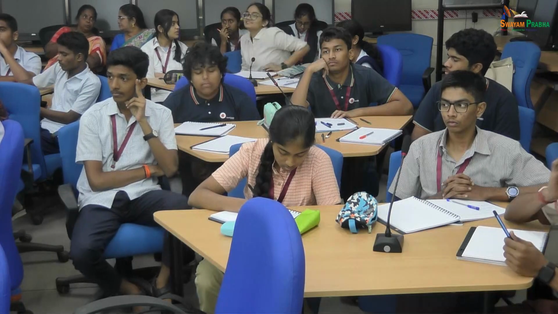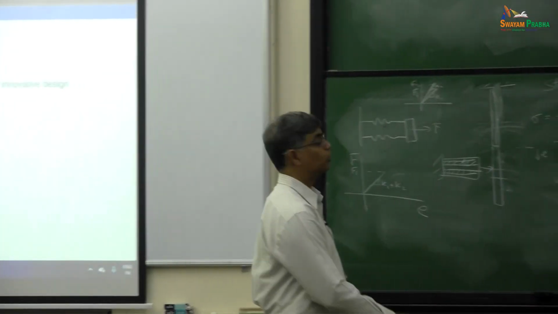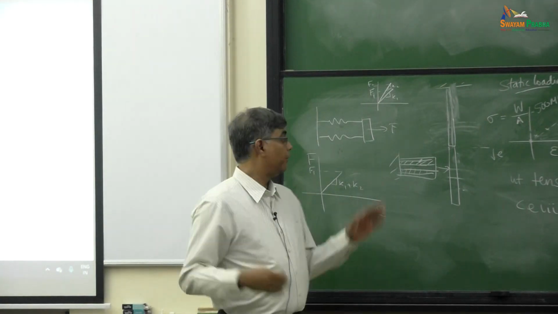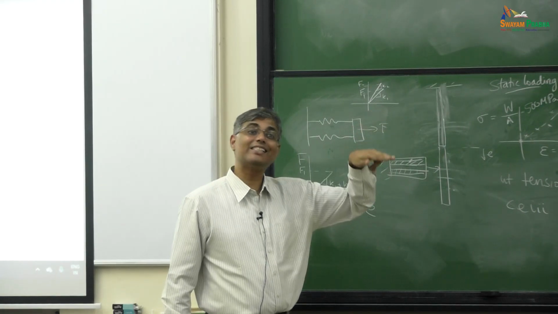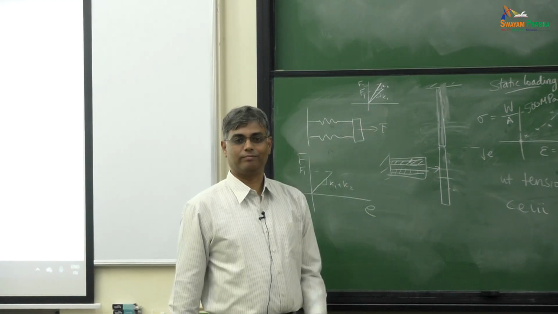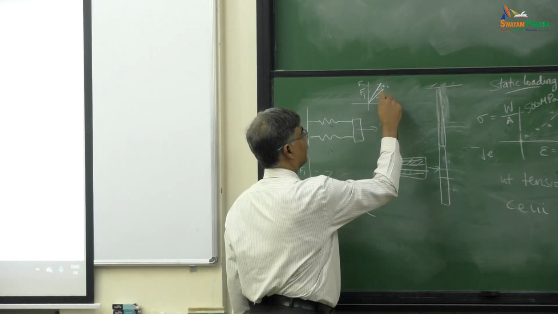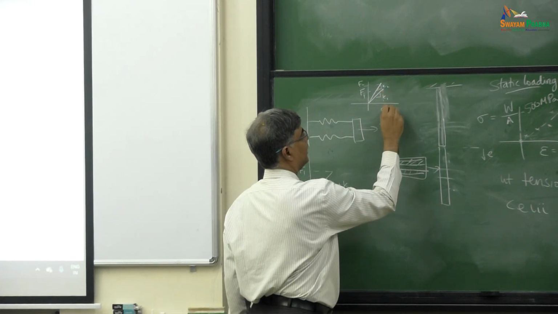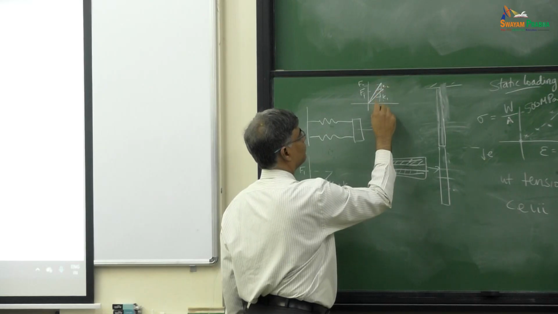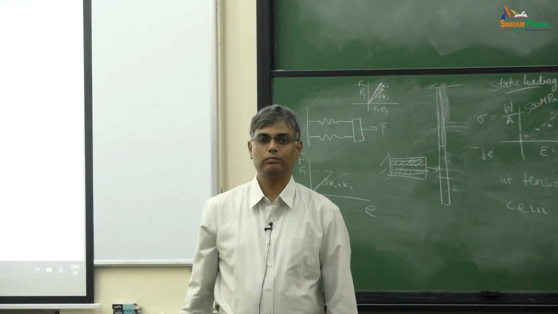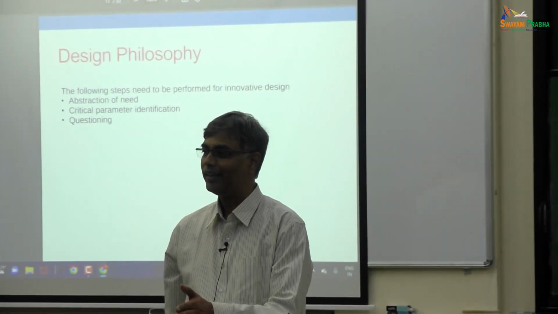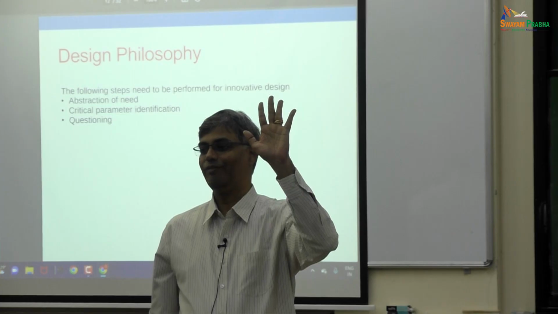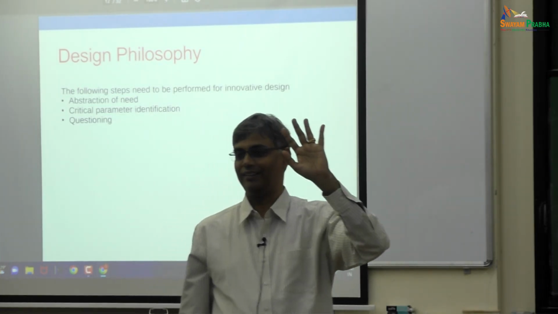It won't fail at F1. So how do you do that? For this, because now both of them are extending by the same amount, you have to look at the failure length, the failure deformation. So that means you have to look at this one. Supposing this is E1 and this is E2. When it reaches E2, anything more than that, the E2 spring will fail.